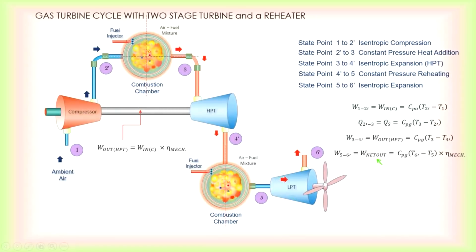If you want to find the net work out, you can use this method as well: the work out of the LPT plus the work out of the HPT minus the work in of the compressor. Since the work out of the HPT equals the work in of the compressor, they cancel out. So the net work out is basically only the work out of the LPT.